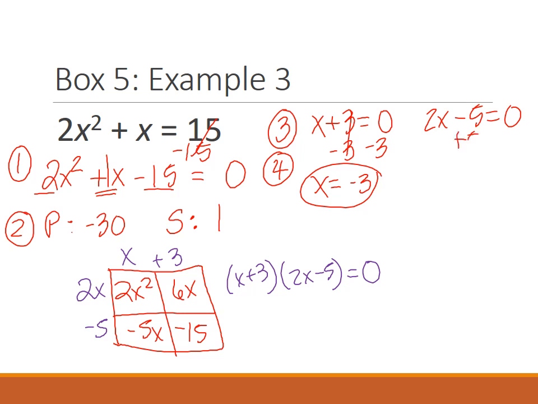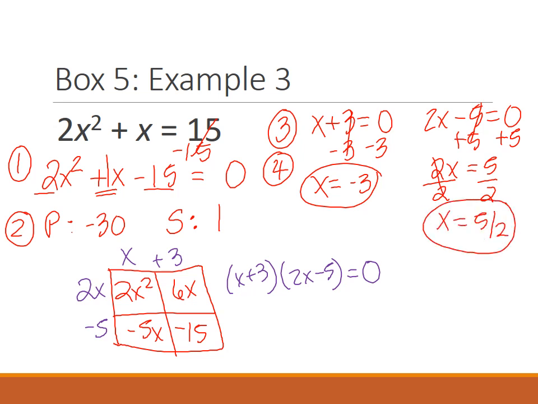So I add 5, so I have 2x equals 5. Divide by 2. And we want to leave it as a fraction unless otherwise asked. And if I wasn't confident, then there's always step 5 that says, hey, plug it in and check.